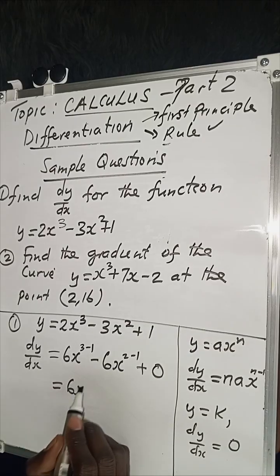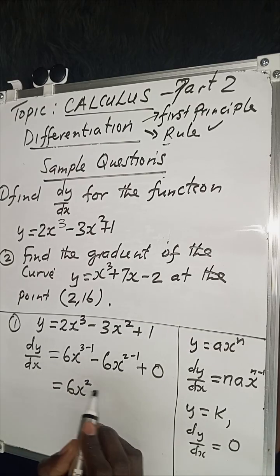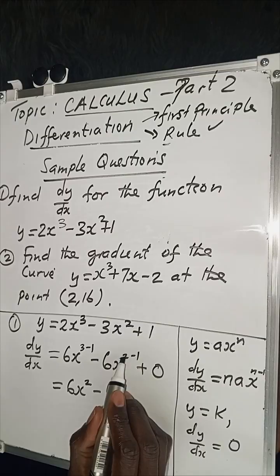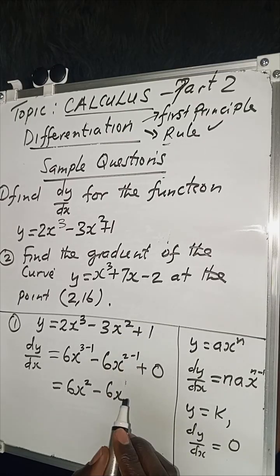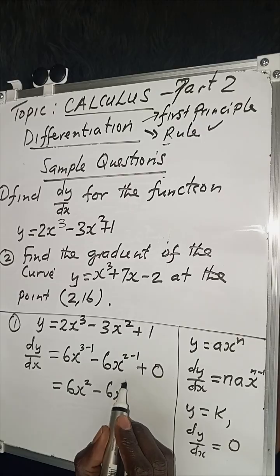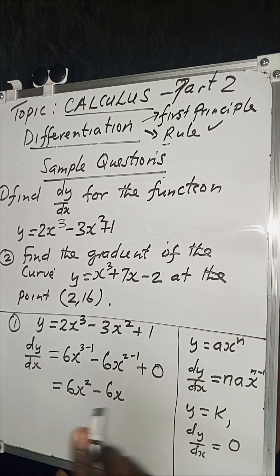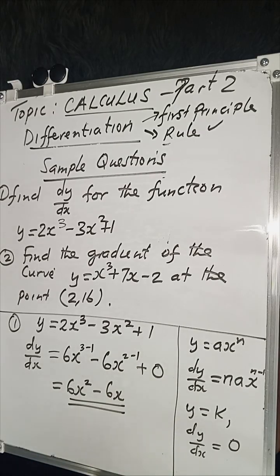So it is 6x squared minus 6x. That's 2 minus 1, which is 1, so we don't write it; you can ignore it because it's just 1. This is the derivative, or the differential coefficient as we call it, for the function we were given.